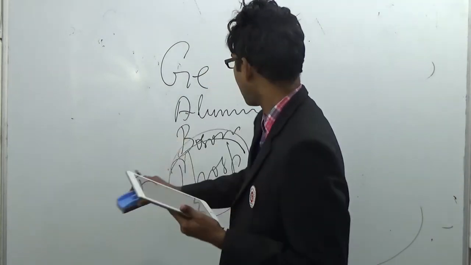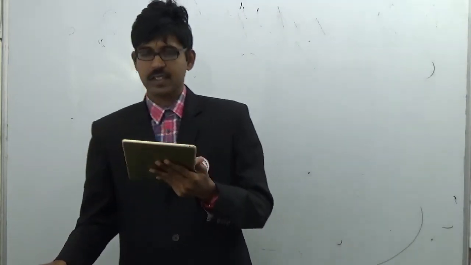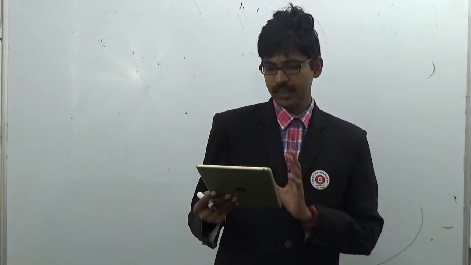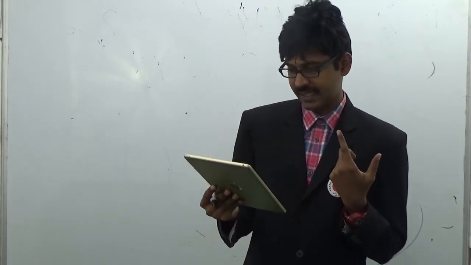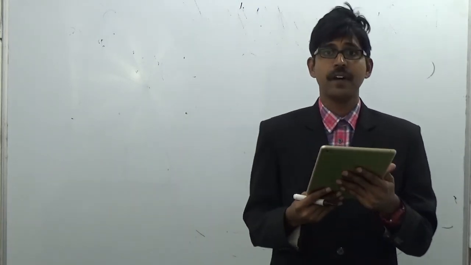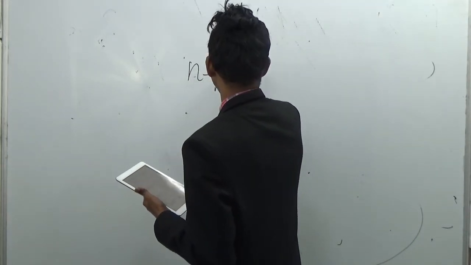Coming to the next problem, I have a question here which is a 2004 question. The impurity that is commonly used for realizing the base region of a silicon NPN transistor.